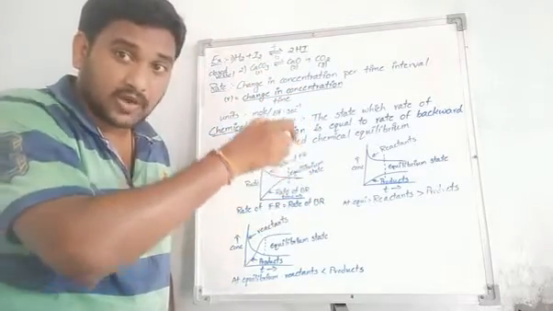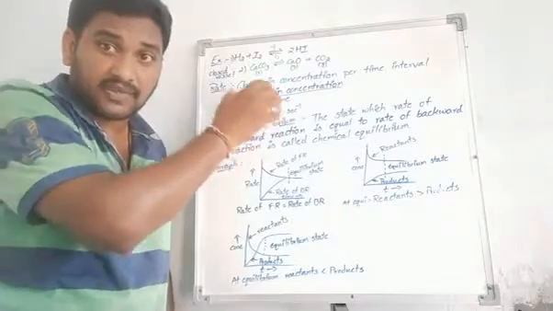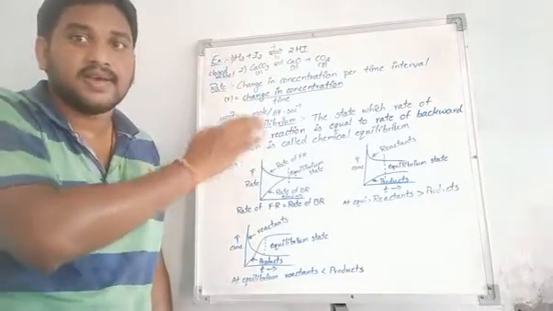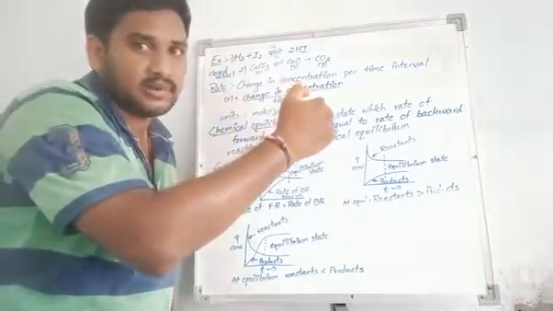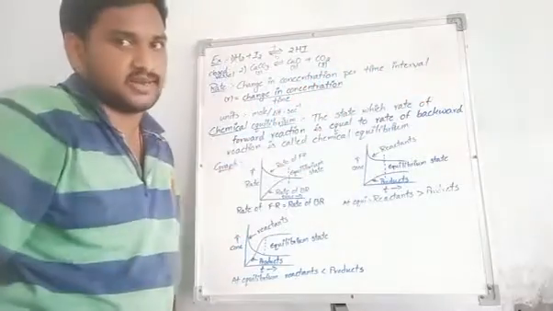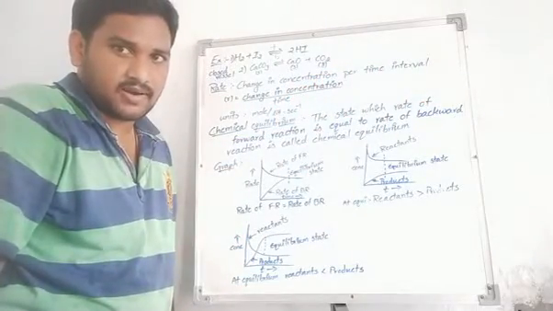How much concentration decreases on the reactant side, the same amount increases on the product side. Students, clear my point or not?